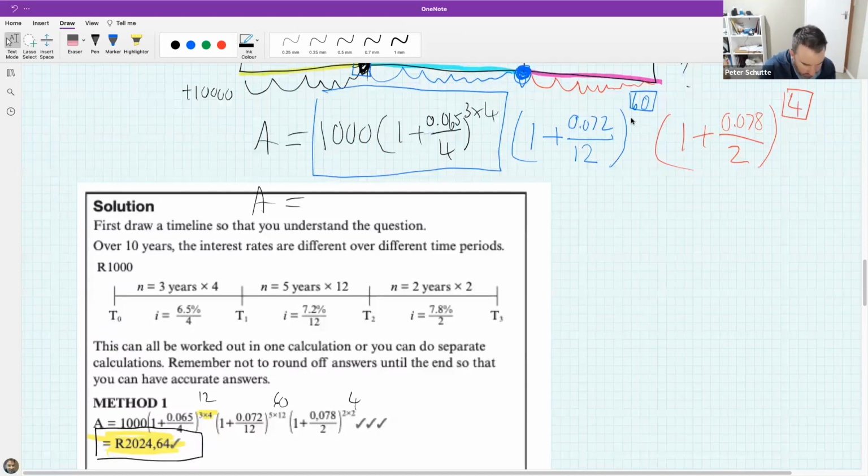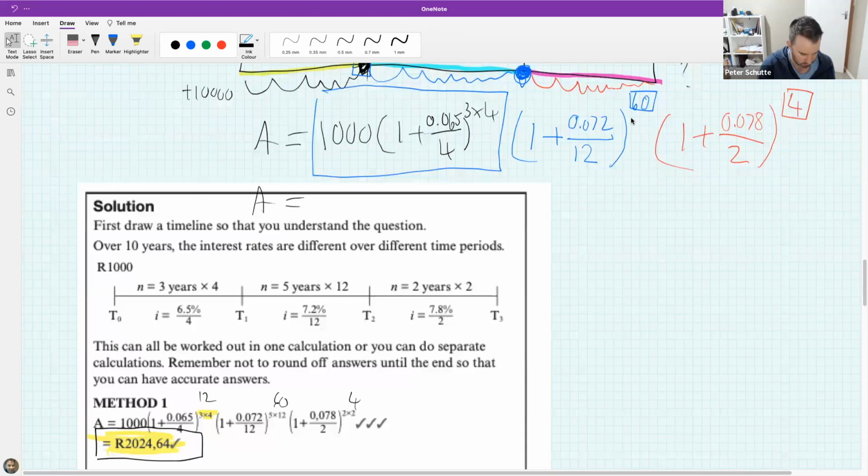And I'd press equals. Then the result is in your memory, and you go times, and open another bracket, 1 plus 0.072 over 12, close bracket, to the power of 60. And I'm going equals again, because I've got this in memory, I don't have to keep everything on the screen.